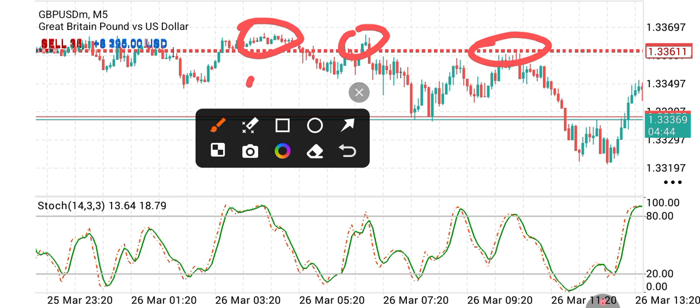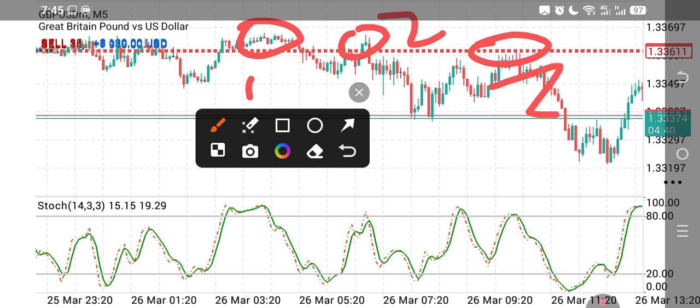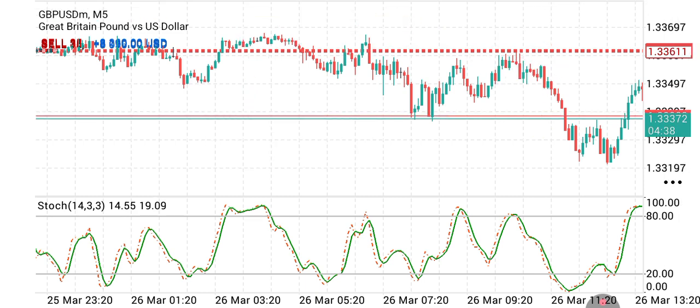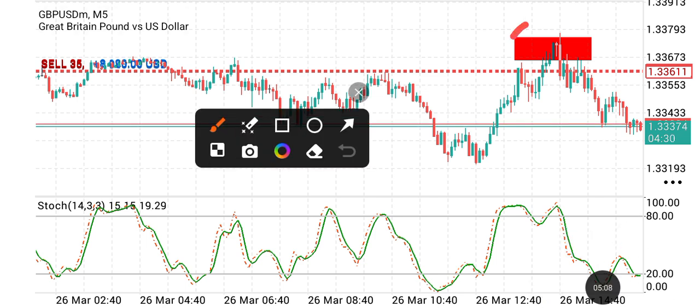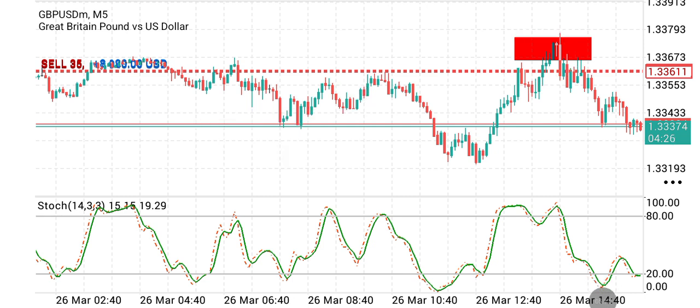So 1, 2, 1, 2, 3. Now watch what happened. Then the next one is the fourth one. See it. So which means this place is purely a strong resistance zone. Anything that hit this particular zone later comes back down.